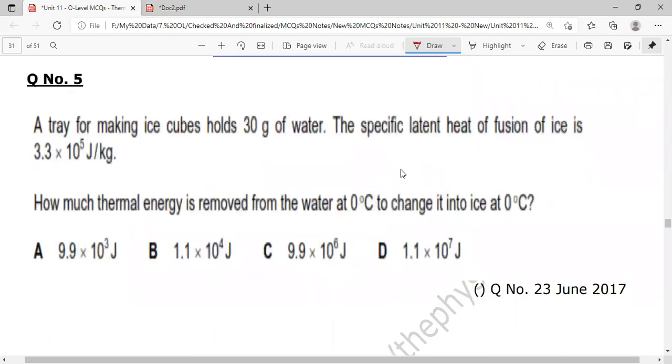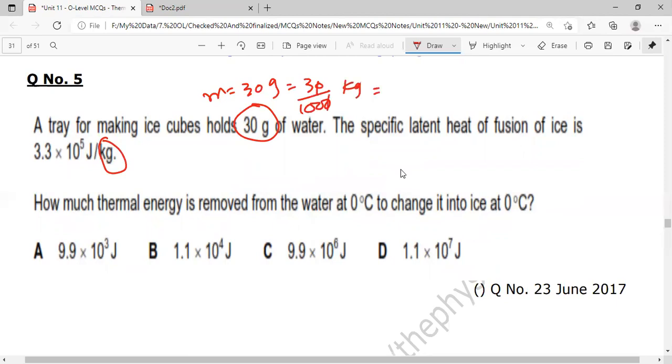It's a simple and straightforward MCQ. Mass is given, 30 grams. Since kilogram is the unit, we will convert grams into kilograms: 0.03 kg, and this was the value of latent heat of fusion L_F. What was required? Thermal energy.